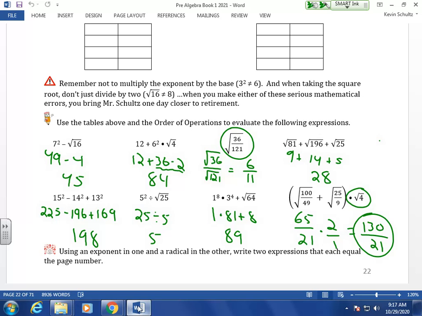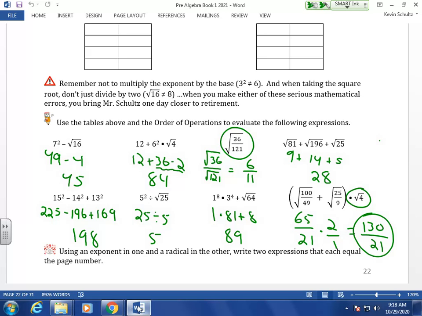But then the next step was multiplying that by the root of 4, multiplying by 2, writing that as 2 over 1. Gets us 130 as a numerator and 21 as a denominator. Okay? Questions on any of those, particularly that last one? No? We're good? All right.